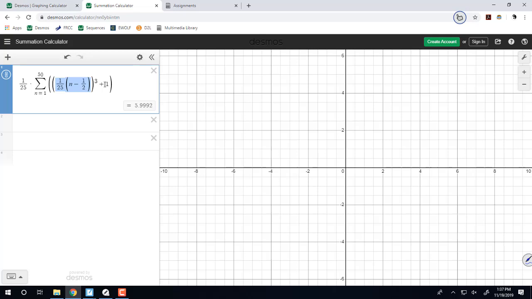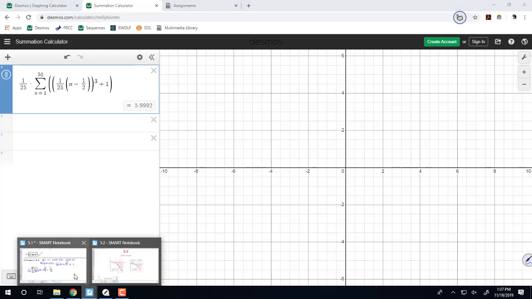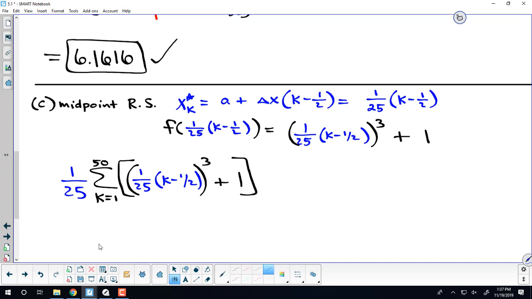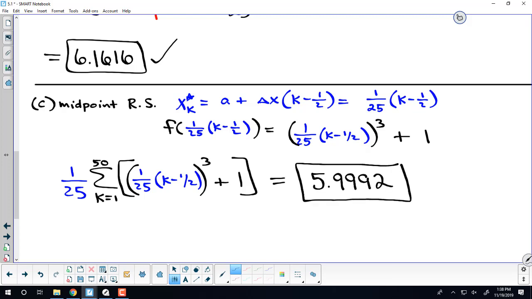Input is cubed, and then we add 1 to it, all in front of the summation, times our delta x. So 5.9992, three nines and a 2. That's the midpoint approximation for the area under x cubed plus 1 using 50 rectangles.